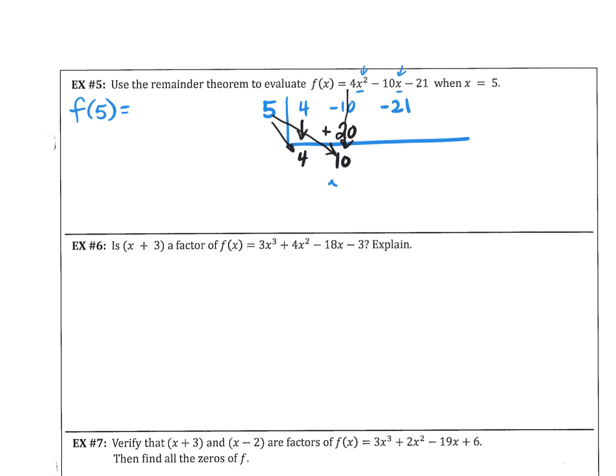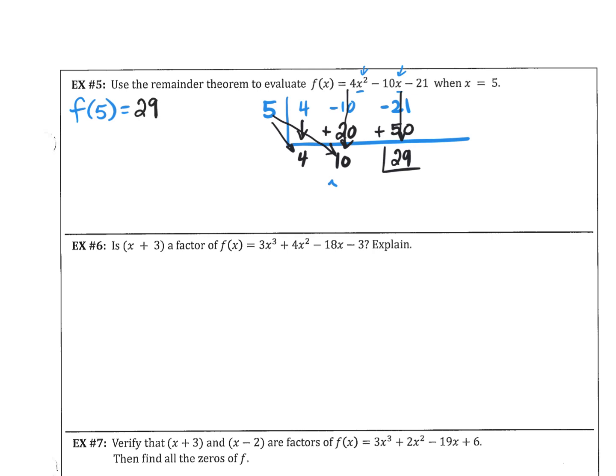So where does that go? Okay, so what goes under negative 21? And so what do we end up with? 29. So guess what f of 5 is? 29.